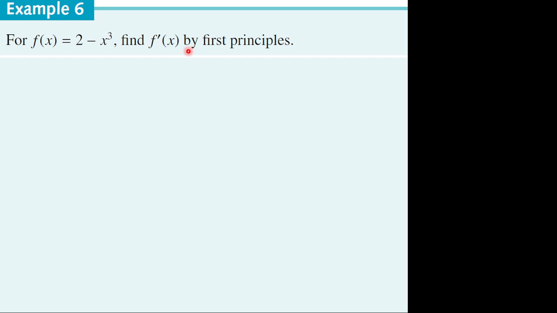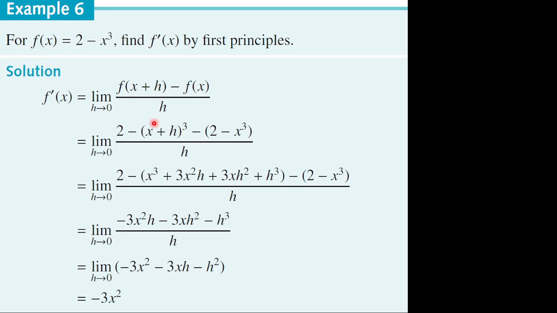Alright, so first, to determine the gradient, set a point P at x and Q at x plus h. Write your rise over run. So here's your rise. Your run is, you will notice the pattern, the run is always going to simplify down to h.